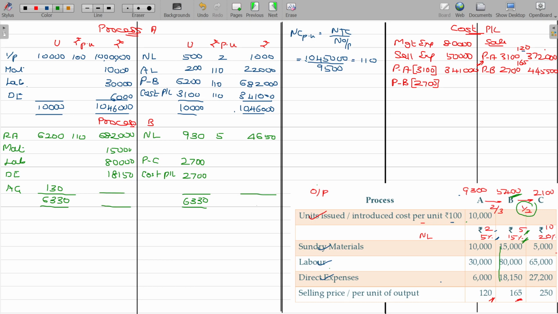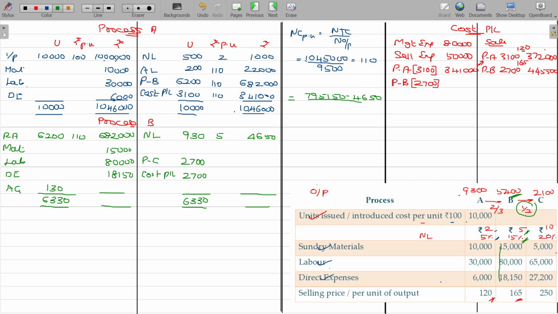Now you have to find out the cost here. The same way, total cost minus 4,650. The total cost here being 7,95,150, minus the amount realized on selling the scrap being 4,650.